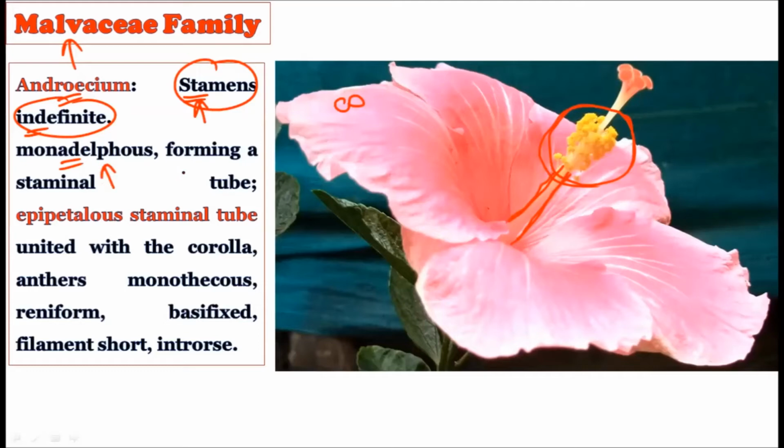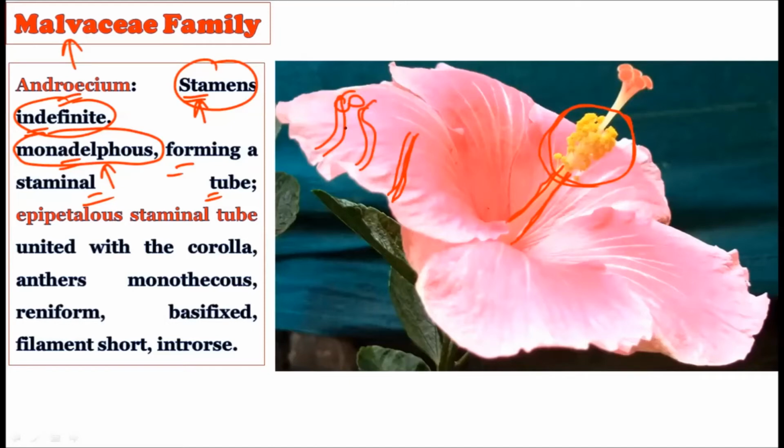Every stamen is attached to the one single staminal tube, and hence due to the presence of only one staminal tube, the monoadelphous condition is there. If two staminal tubes are created, this is called the diadelphous condition. But the monoadelphous condition is typically found in Malvaceae family members, because the whole staminal tube is single.